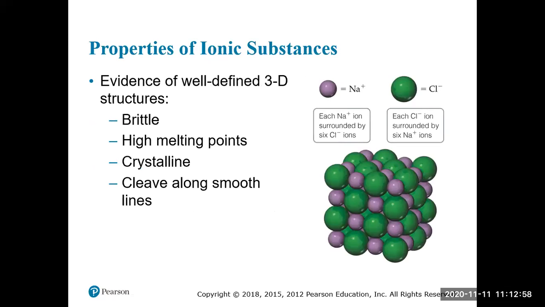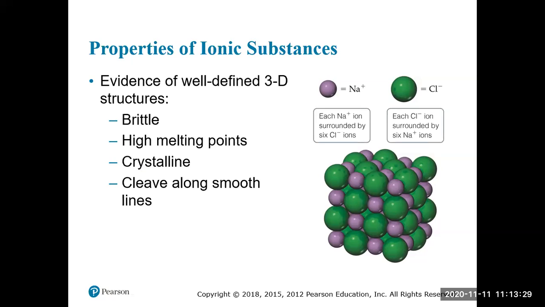When we think of ionic substances, there are a few things that are common. One is that they have a well-defined three-dimensional structure. You see a picture here of sodium chloride, and this well-organized pattern type structure is pretty common for these ionic compounds. The other thing is that these substances tend to be brittle, they have high melting points, and they're crystalline.